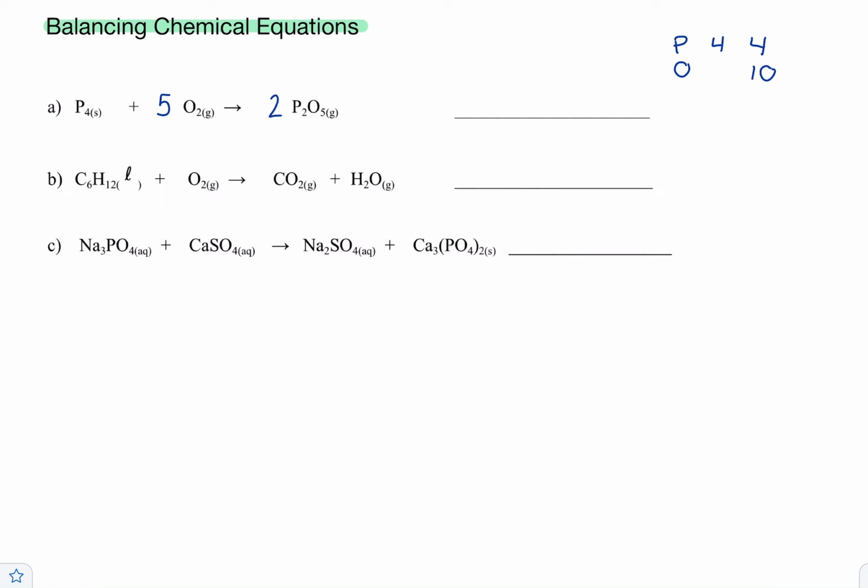So I can erase the 2 and now I have 10. Just double check. I now have 4 and 4 phosphorus and 10 and 10 oxygen. And so if we're taking a look at what type of reaction this is, we'll notice that 2 different elements are coming together to form a compound, which tells us that it's synthesis.